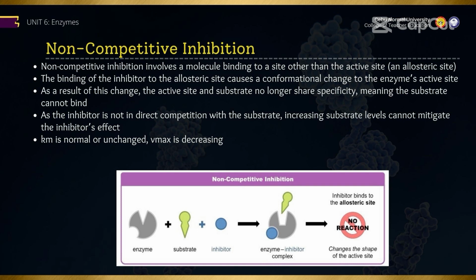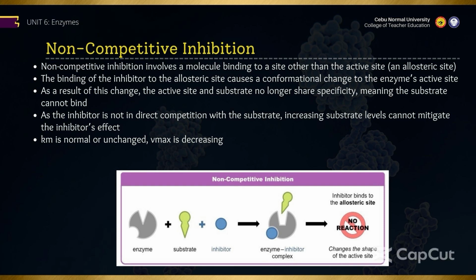Moving forward to non-competitive inhibition. From the word non-competitive, it does not compete. In non-competitive inhibition, a molecule binds to a site other than the active site. The active site is the one in the center, where the substrate goes. So it involves a molecule binding to a site other than the active site, an allosteric site.